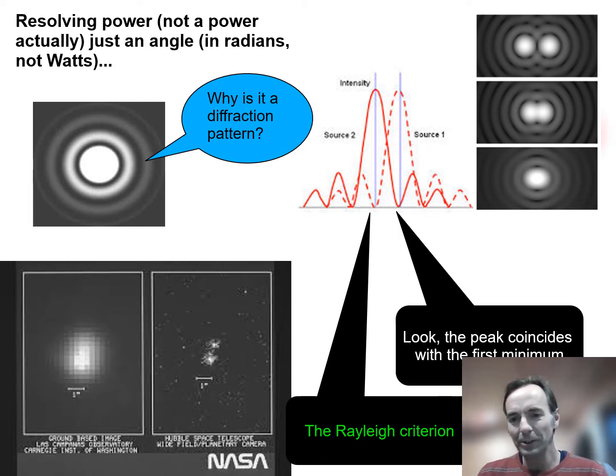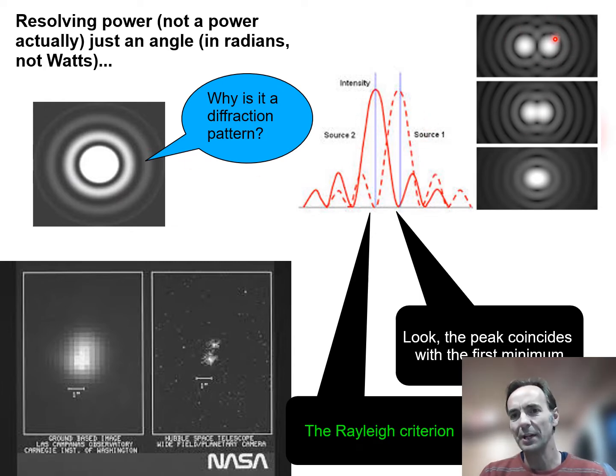Now, what you actually look at when you look in the sky is that if you take a lovely picture with the telescope, you don't actually see little dots. You actually see little tiny diffraction patterns. If you zoom in onto any particular point, you see something that looks a lot like this. This is a single slit diffraction pattern. If you slice it in half, it looks a bit like this.